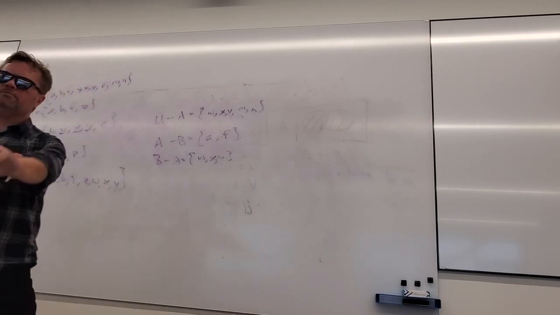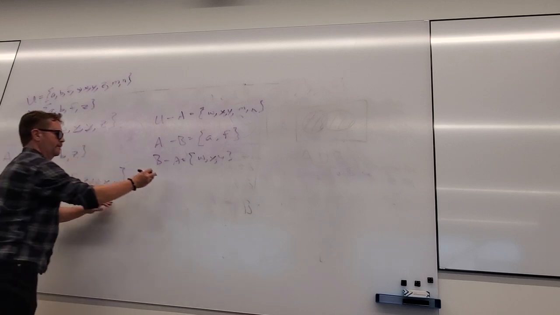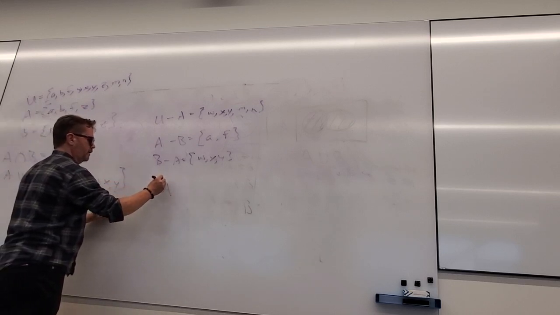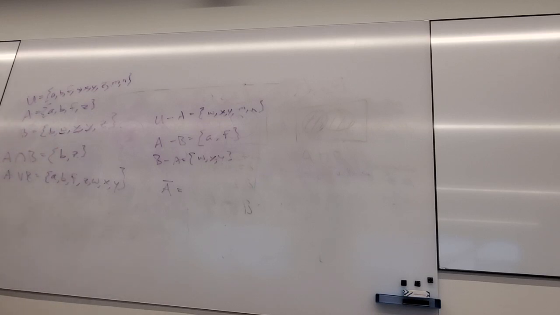Okay. So coming back to something that cares about the universe, there's the idea of complement, the complement of A. Let me see if you guys remember this. In geometry, there's something called complementary angles. Do you remember what that is?